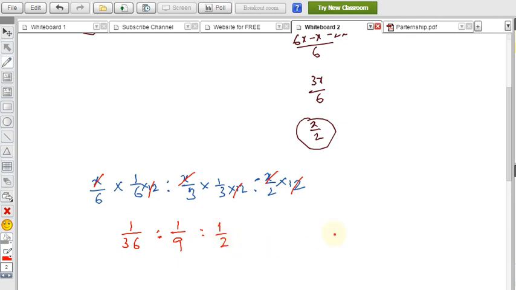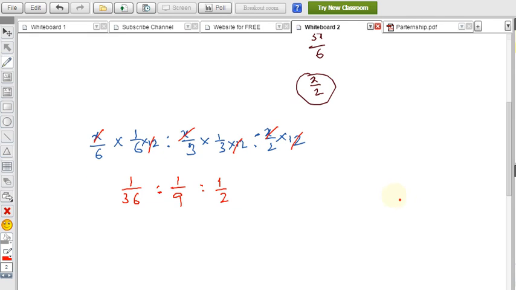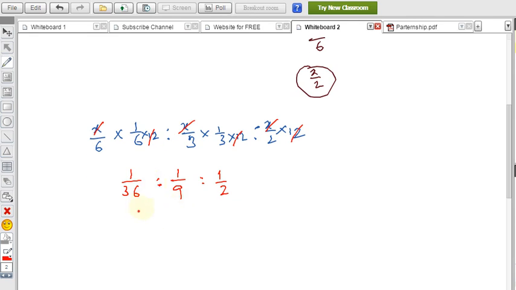Now 36 is the LCM for 36, 9 and 2. So just multiply by 36 to convert the ratios into numbers. So 1 is to 4 is to 18 is the ratio of the profits. Now we need to find out JP's share. JP's share is the middle part, that is 4.